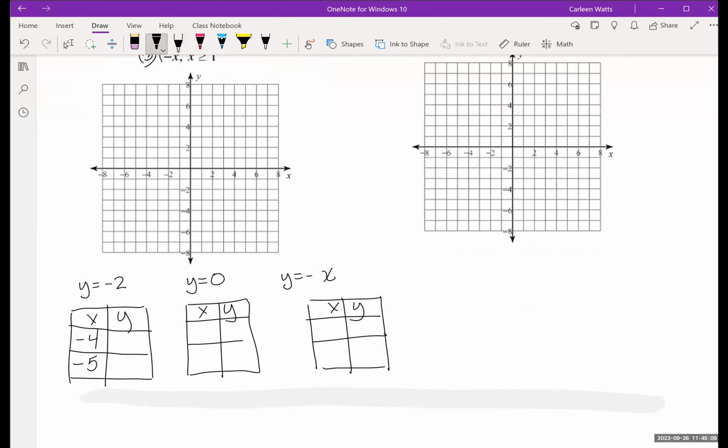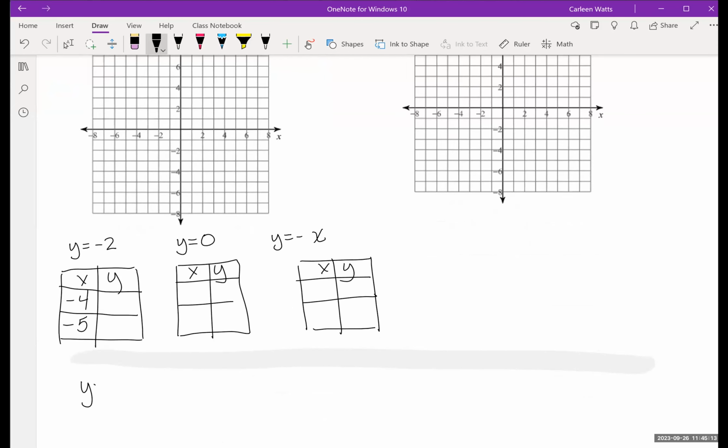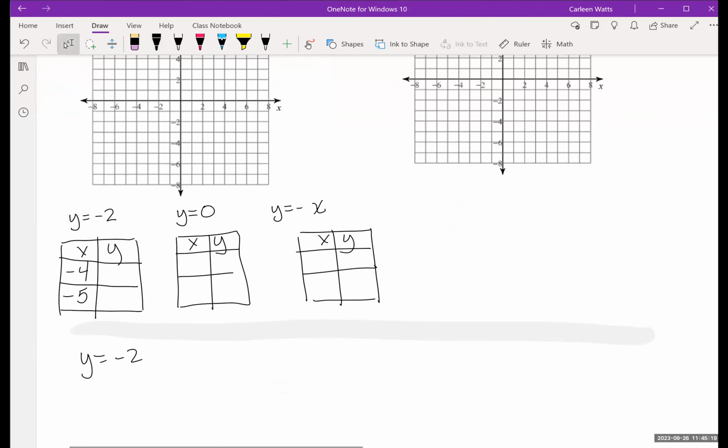Okay. Now, what does this equation look like? Y equals -2. Notice there's no x, right? So we're like, oh, wait, when there's no x, I think of the word, yeah, a y equals is horizontal.